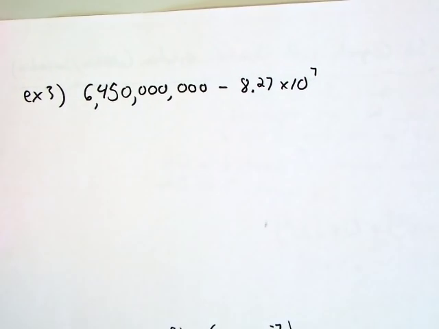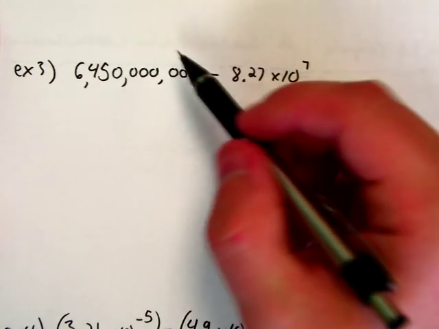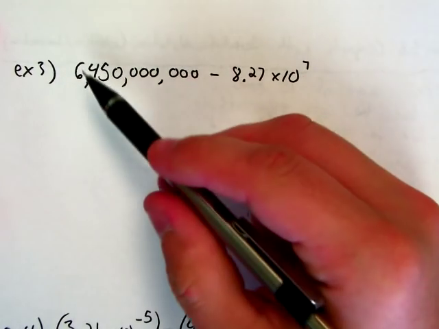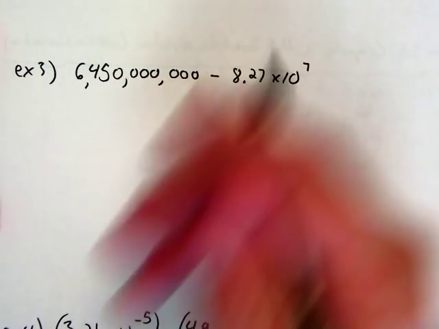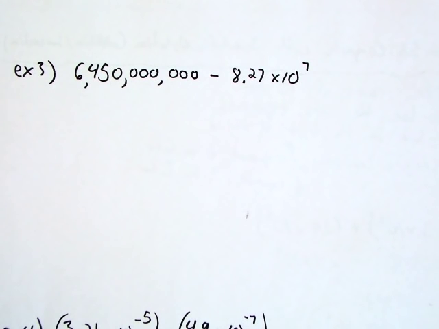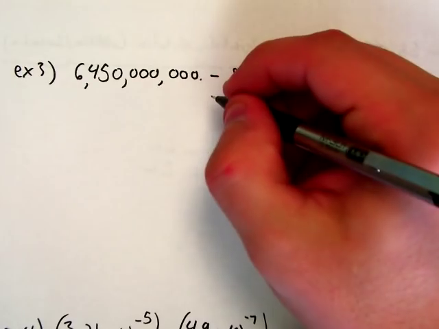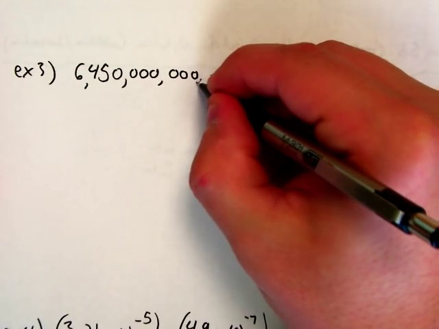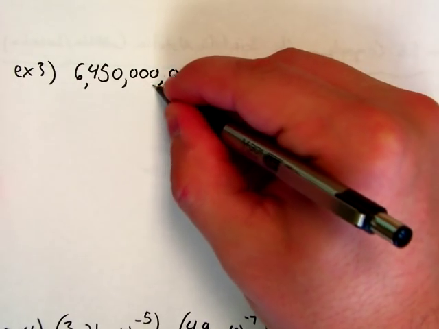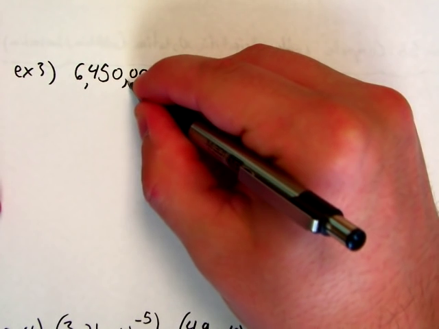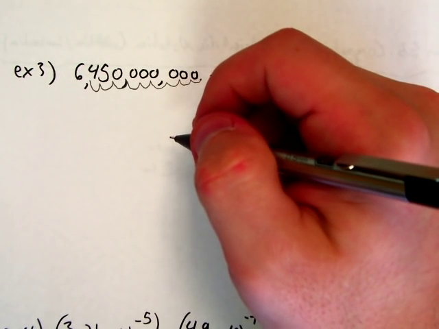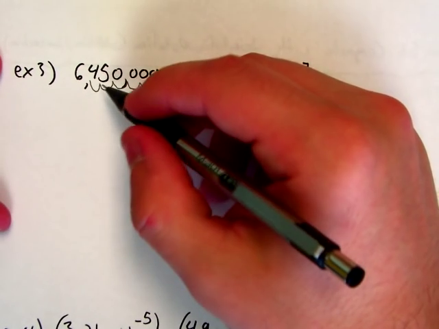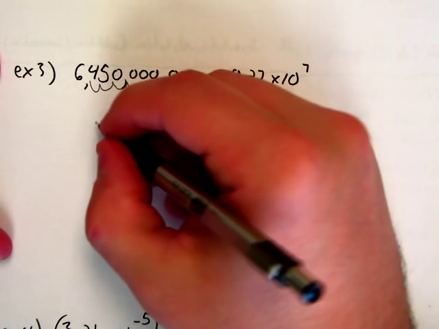If we look at the next 2 examples now, we're going to be looking at subtraction. But first thing we need to do here is get this number into scientific notation. So if you remember all the way back into lesson 6, to convert numbers from standard form to scientific notation, we move the decimal point until we get a number in front of the decimal point greater than or equal to 1 and less than 10, which means right here.